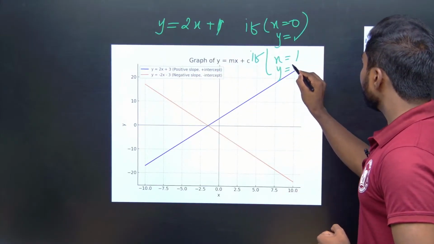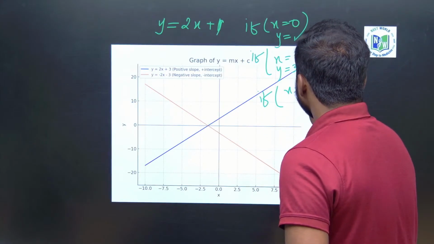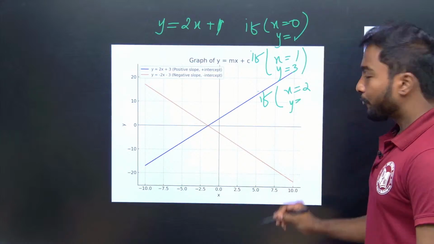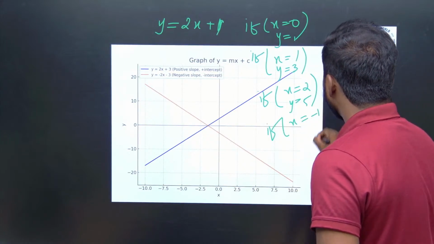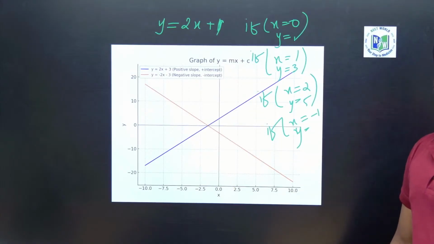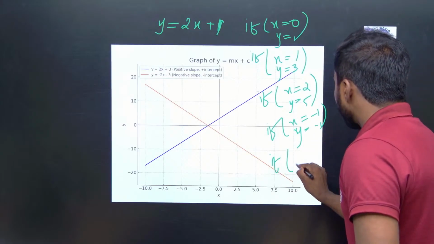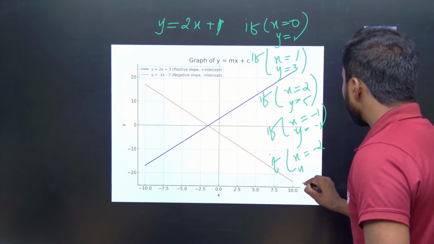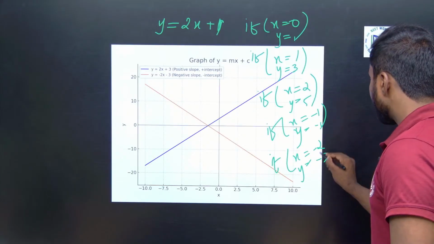y equals 3. If x equals 2, y will be 5. If x equals minus 1, y will be minus 1. If x equals minus 2, y will be minus 3.